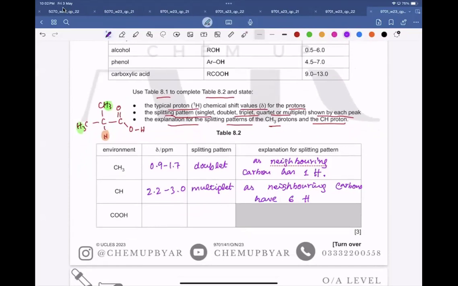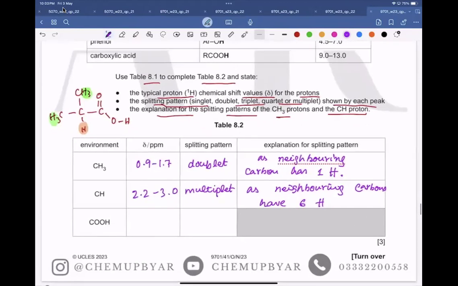Just give me a minute, please. Okay. Now, this is a carboxylic acid, right?